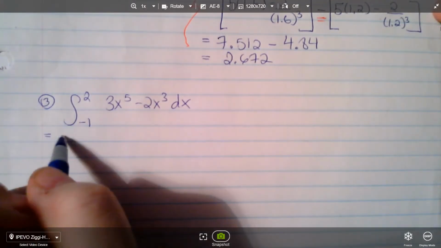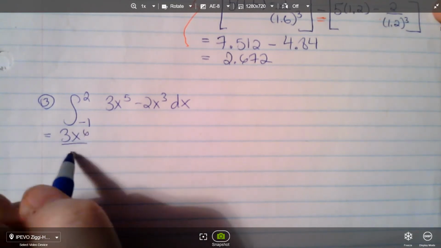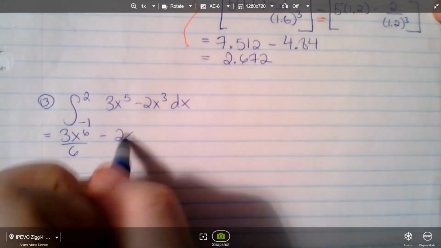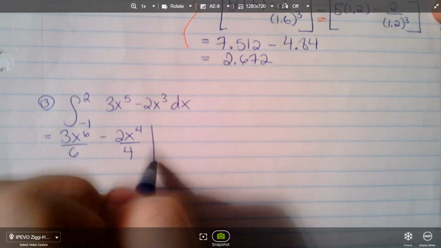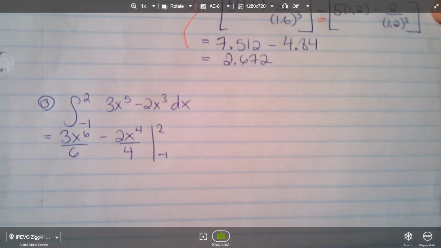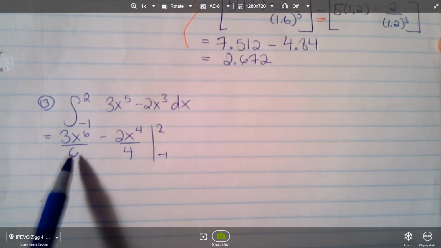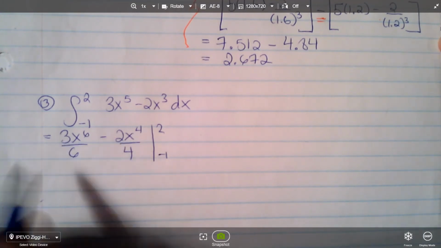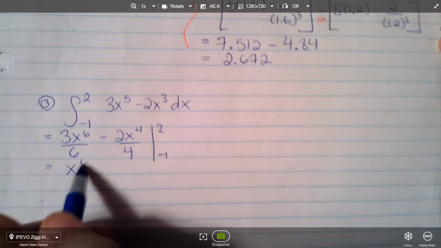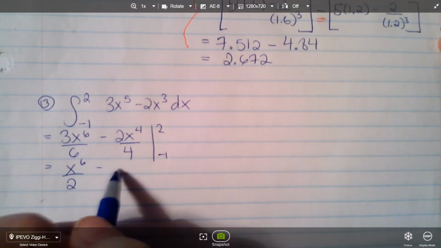Just go ahead and integrate. So 3x^6 over 6 minus 2x^4 over 4. Evaluate at 2 and minus 1. Alright, if you want to do some simplifying first, you can. If you don't want to, it's not going to hurt anything very much if you have 3 over 6 or 1 over 2. I will, because it's good practice. It's a good idea, I think.